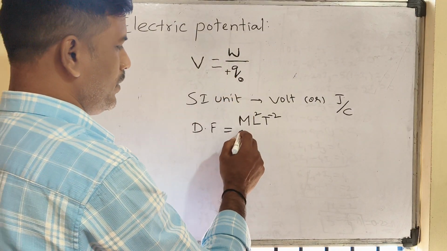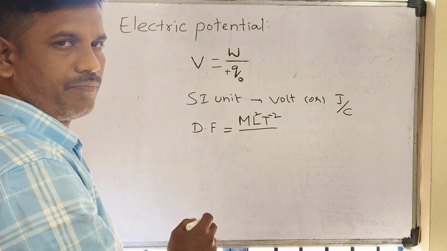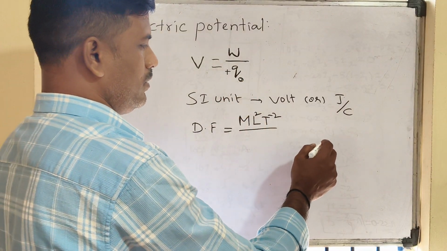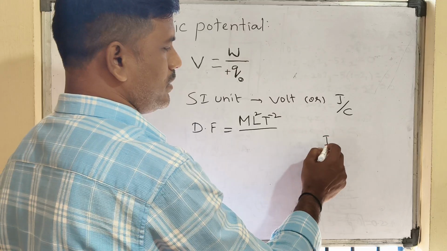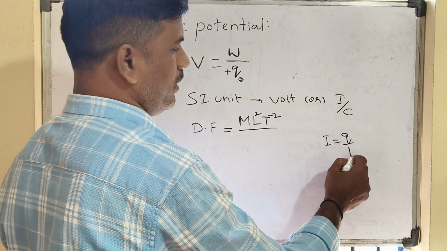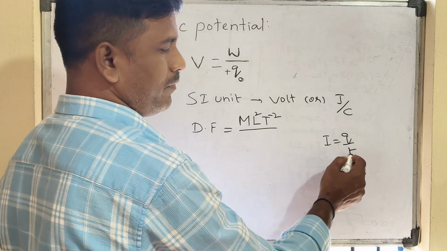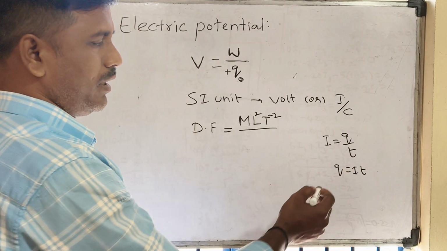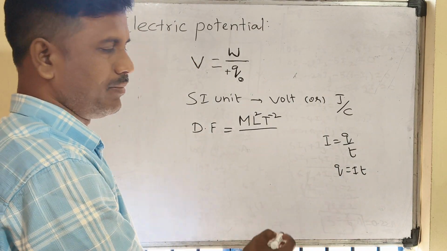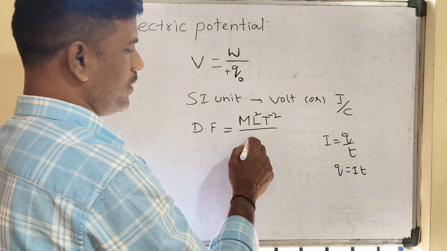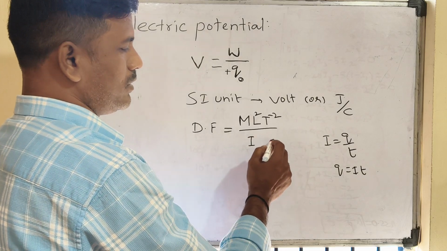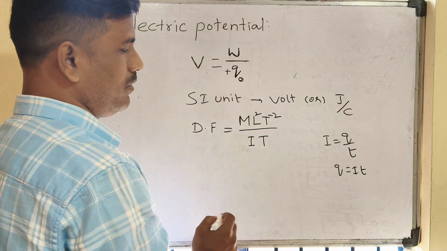For the denominator, charge: current I is equal to Q by T, so Q is equal to I into T. The dimension of current is I, and the dimension of time is T.